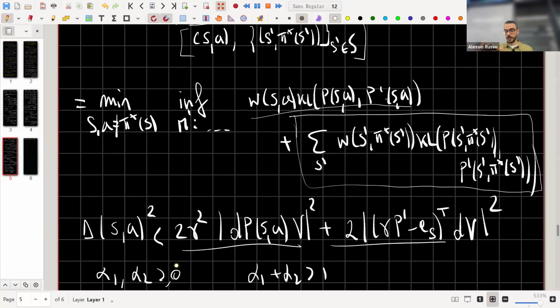So the way we are going to lower bound this sum is by saying that this sum is lower bounded by the maximum over S prime of W S prime times KL. So we are lower bounding just one term. We are lower bounding the maximum term in this sum. Why are we doing this?